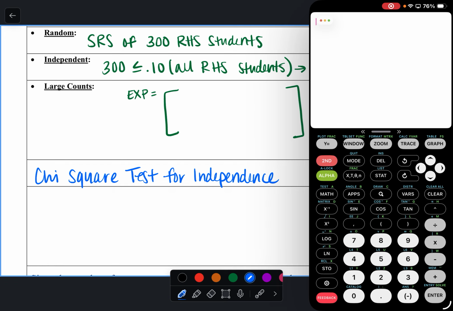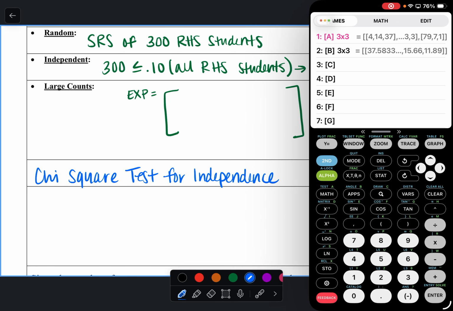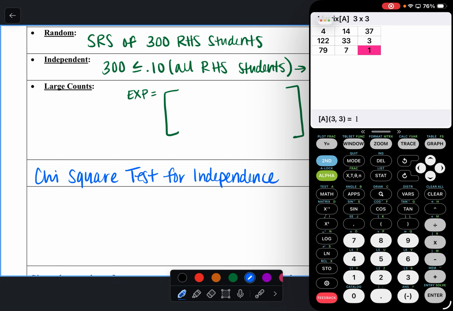You go to second, x inverse, the little button right underneath math. You should see the word matrix written above it. And then you're going to go to edit. This is a 3-row, 3-column matrix. So I went ahead and typed in the observed values. Make sure that you are typing in observed data. Typically for these types of questions, they don't give you expected values, so you should be fine. But this is what we actually counted from their sample of 300 students.